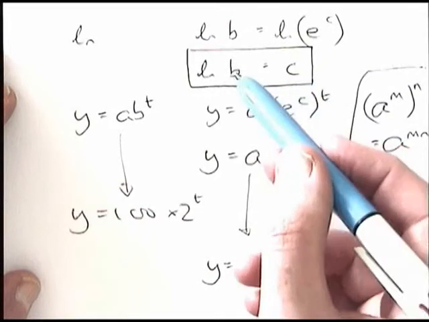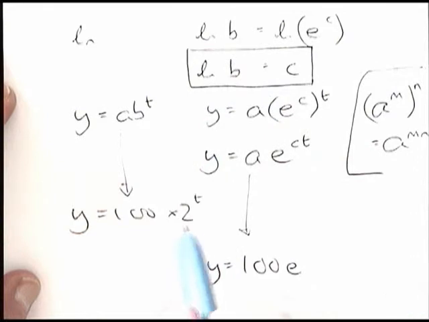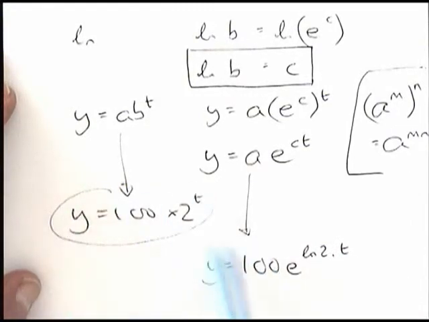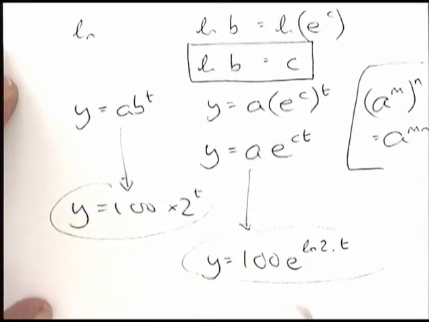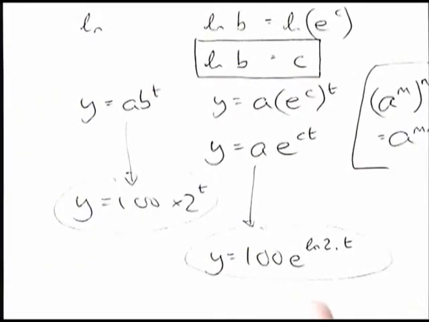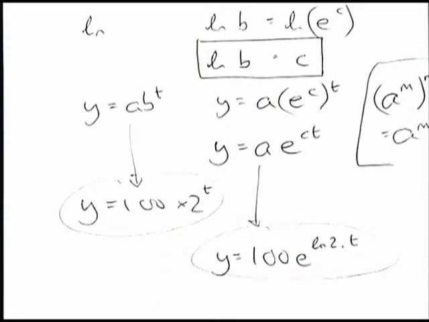C is equal to log of B, and B here is 2. So that'll be log of 2, and then the T is still there. So these two expressions are equivalent, they do exactly the same thing. It's just here we've got it with an e involved instead of here with a 2 to the power of T. And it's easier to deal with e to the powers of rather than numbers to the powers of.